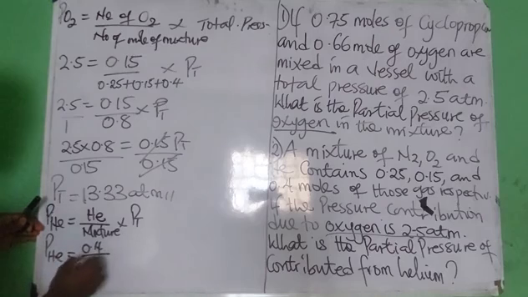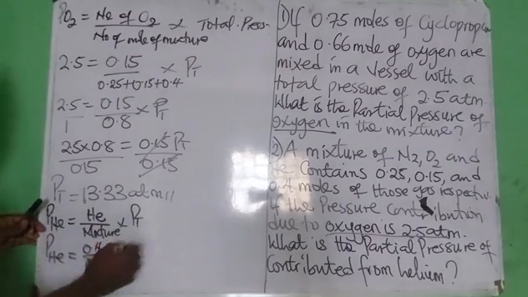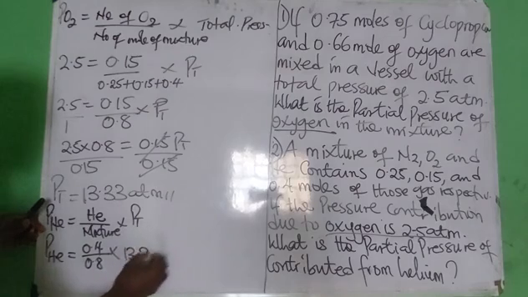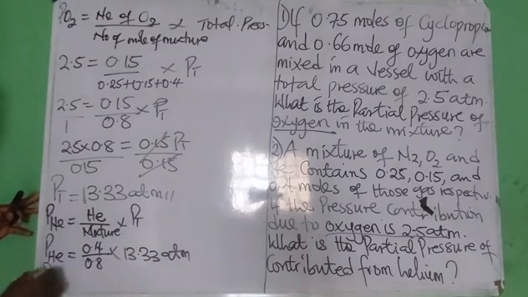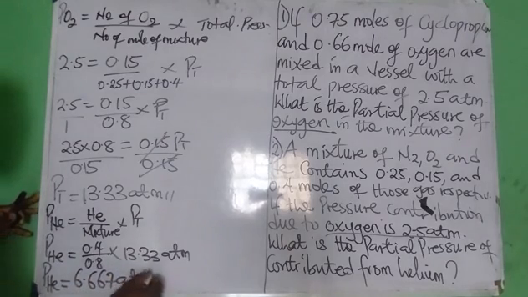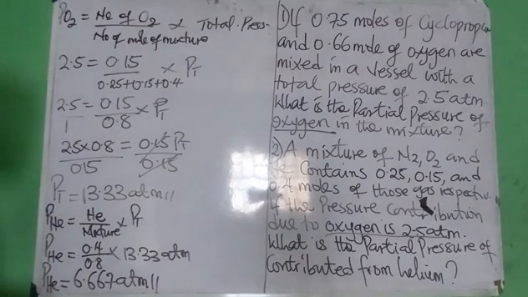Don't forget the mixture is 0.8, and the total pressure we have gotten is 13.33 atmosphere. So 0.4 divided by 0.8 times 13.33 atmosphere gives the pressure as 6.667 atmosphere.